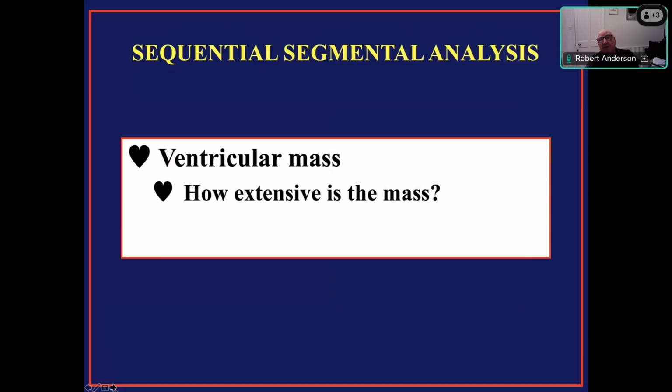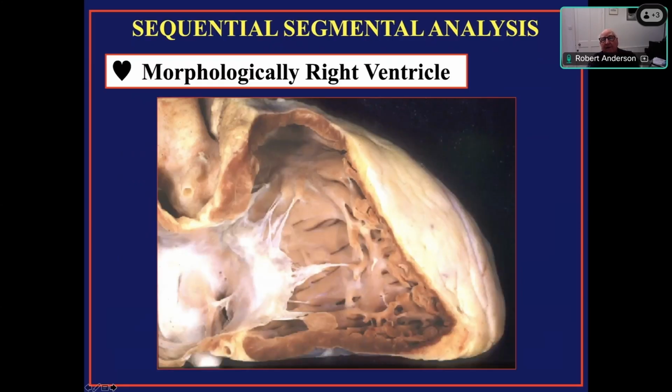We had another big problem with the ventricular mass. First, we have to decide how extensive is the ventricular mass, and then we have to agree on how many components there are. So when we look at the ventricular mass, we take the stance that it starts at the atrioventricular junction and it extends to the ventricular arterial junction.